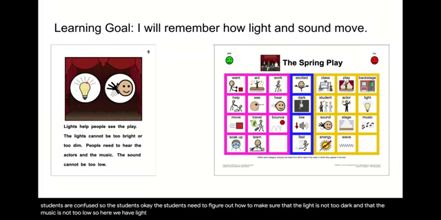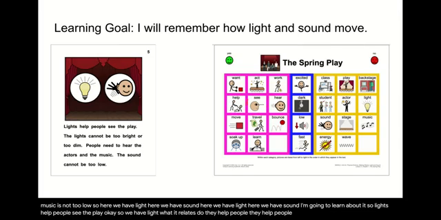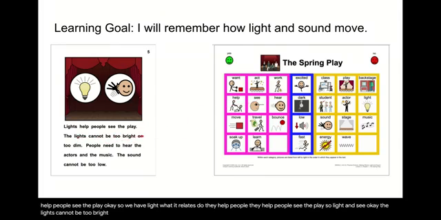So here we have light, here we have sound, and we're going to learn about it. Lights help people see the play, okay? What do lights do? They help people see the play. The lights cannot be too bright or too dim.